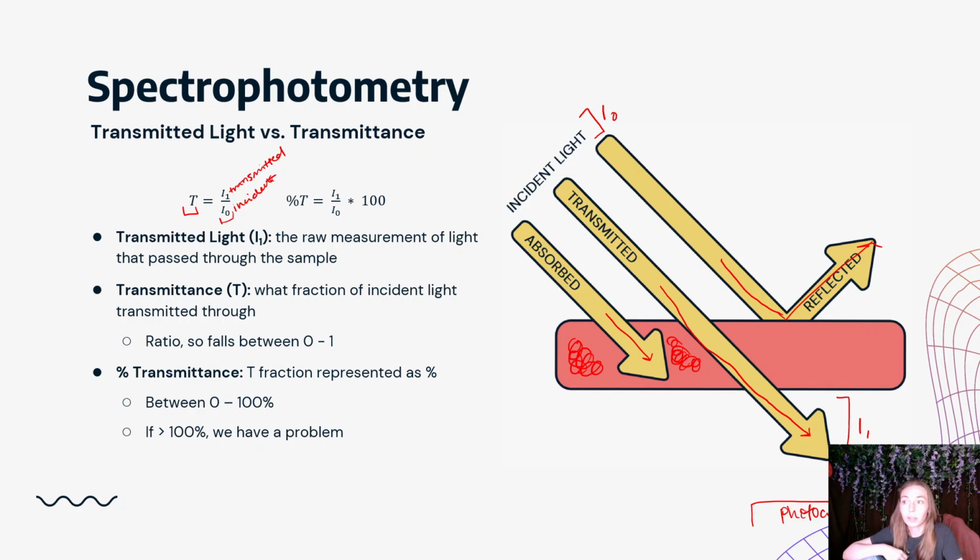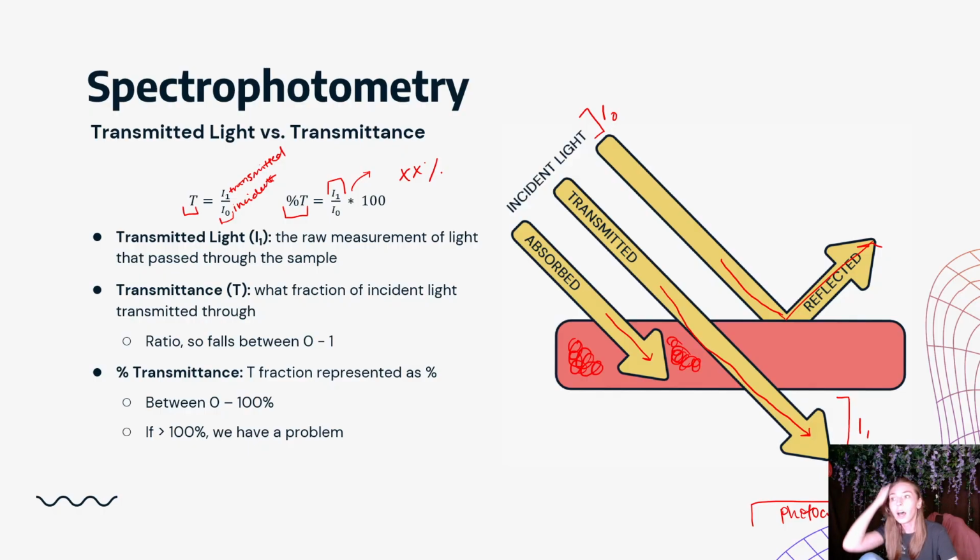Because incident should be our total amount of light that we expect to see within the system, and then transmitted is whatever fraction made it through. We can also talk about transmittance in the context of percent transmittance. So percent transmittance is literally just transmittance times 100 so that I could display it as a percent. That's quite literally the only difference.